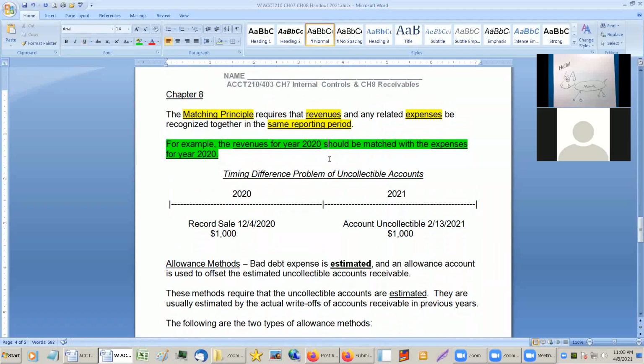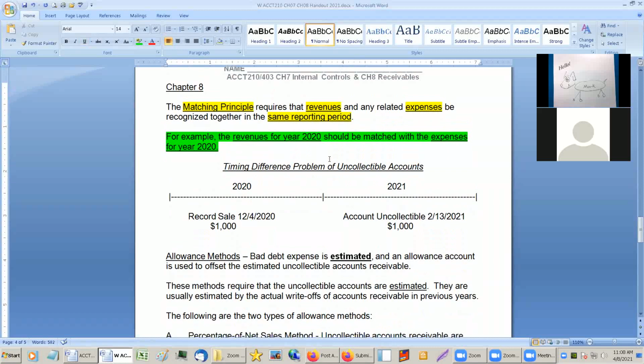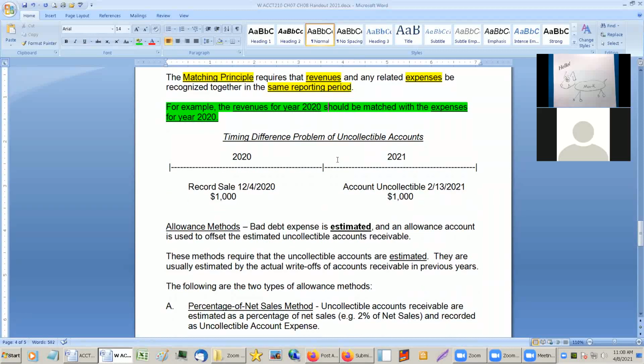Now, when it comes to accounts receivable, there's a problem. And that is, you might record a sale in one year. I'm going to actually add something here.